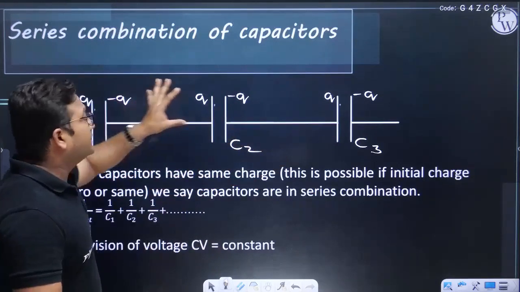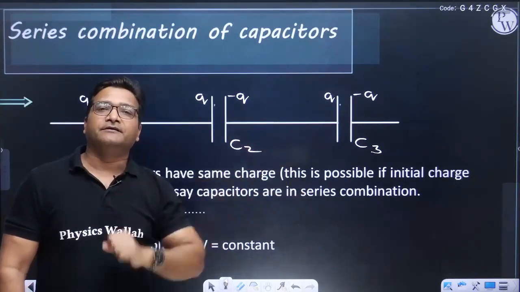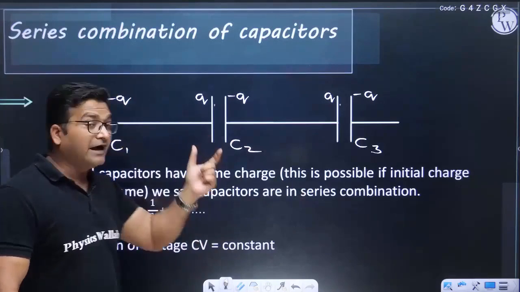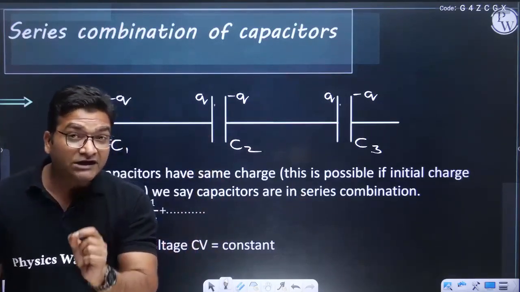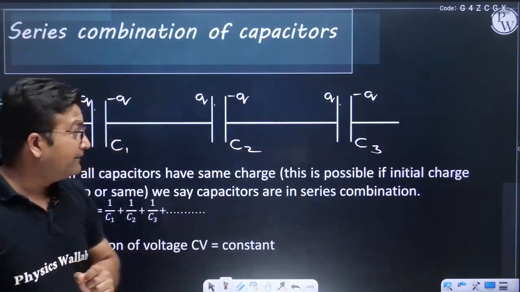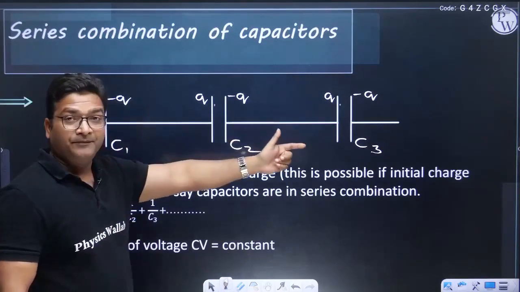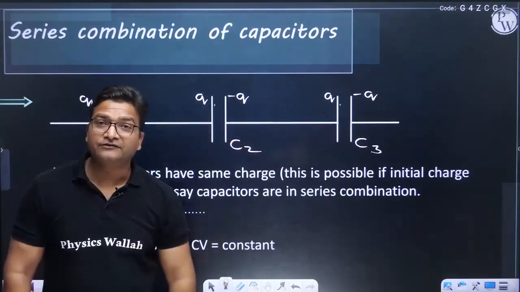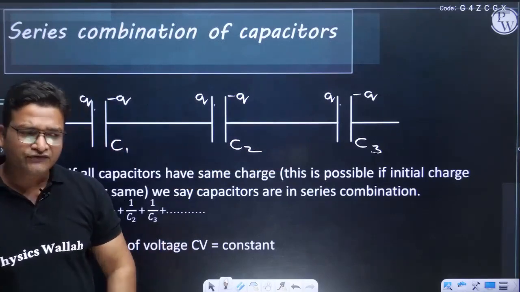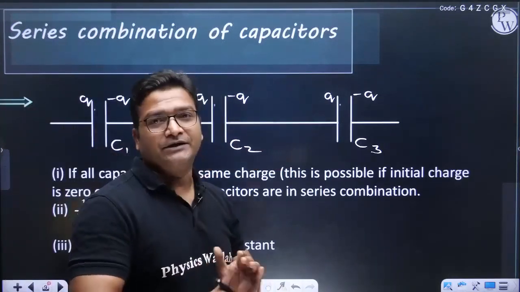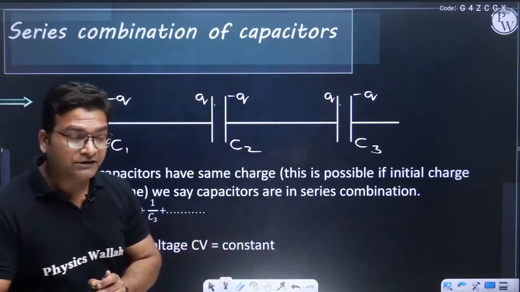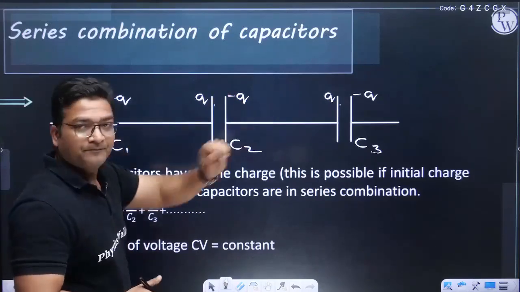The charge on them will never be the same again. If the charges are initially unequal, the charges will never be the same, and if charges are never the same, they will not be called a series combination. So the series combination has a condition, and the condition is that the charges must be the same.